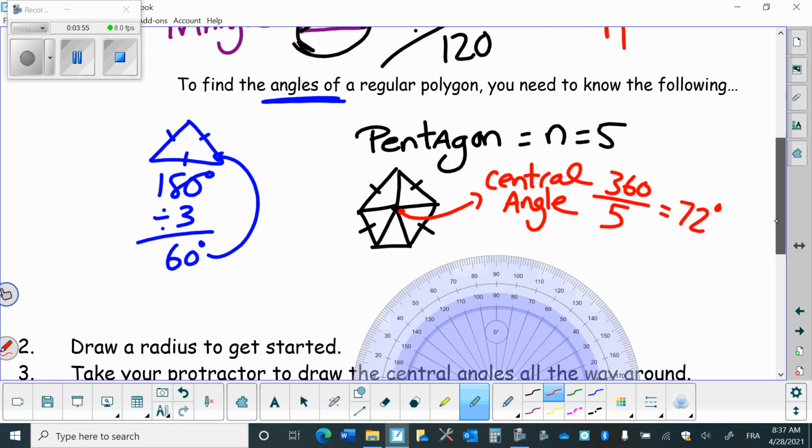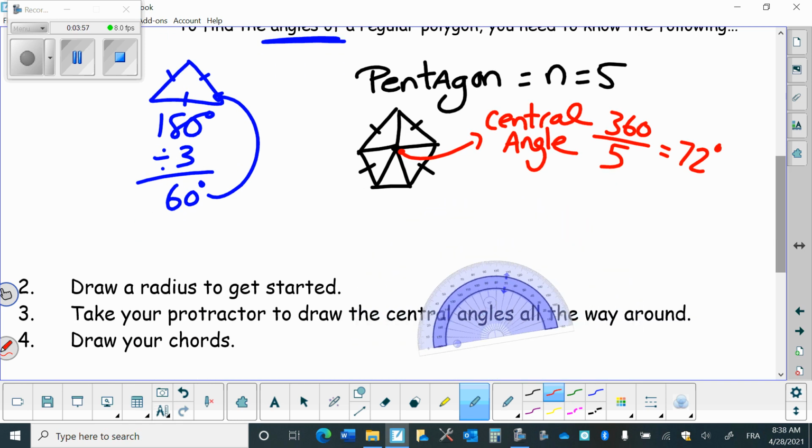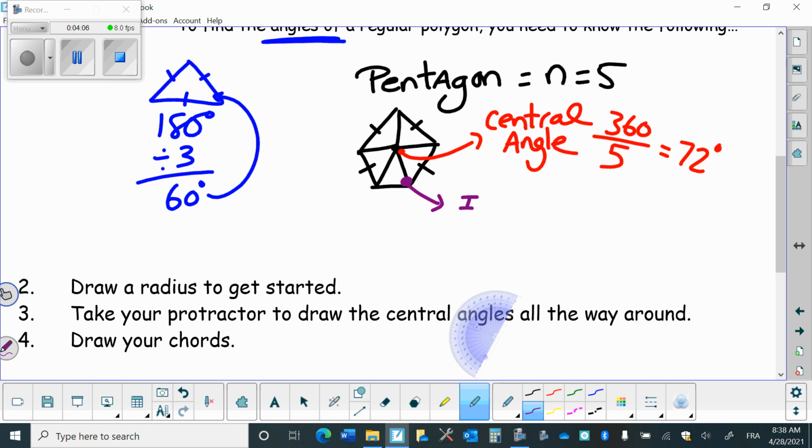Compared to, if I'm looking at one interior angle, not the total angles, the interior angle, the corner, the vertex. I also have a formula for that, right? If I want to do all the angles, and I don't know by heart, I have this formula, right? Refer to your blue formula sheet.